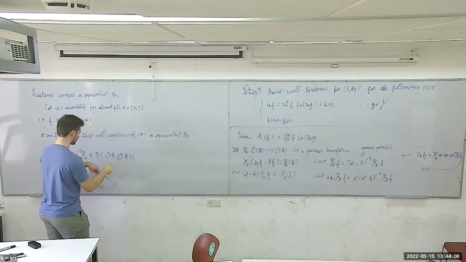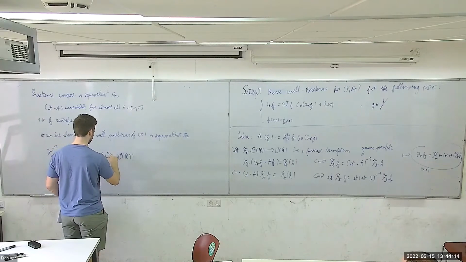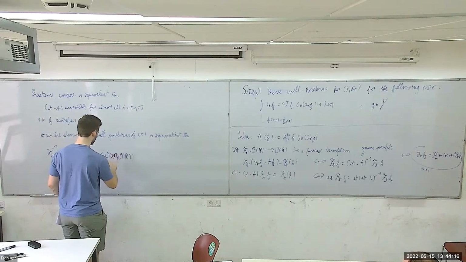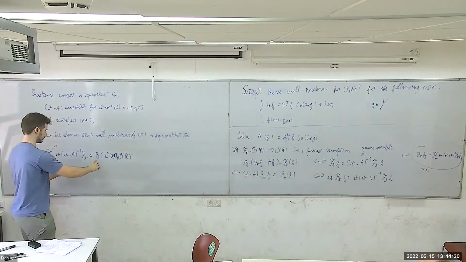So it goes from LP of R to R in time, LP of 0t to LP of R, and it goes back to itself.